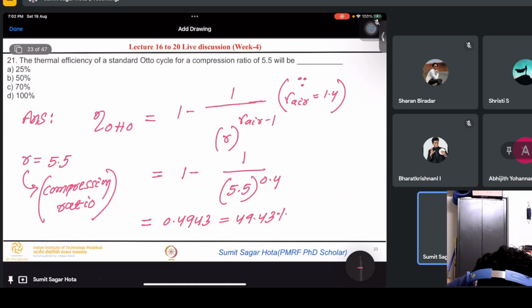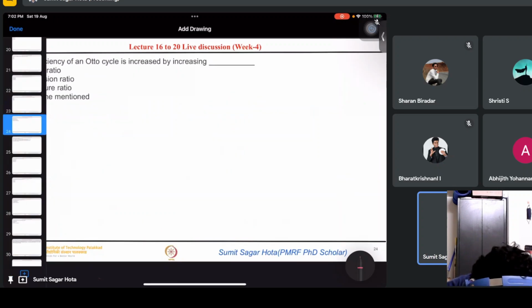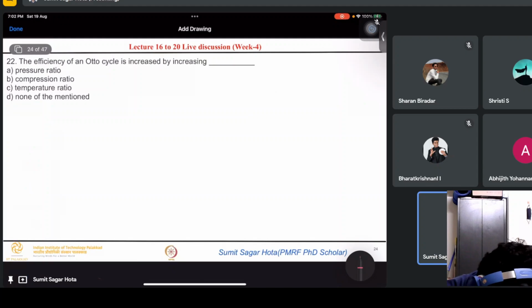What is the nearest option? 50%. Answer is B. Okay. The efficiency of the Otto cycle is increased by increasing what?